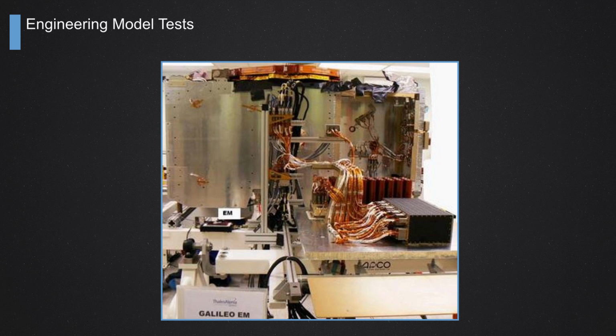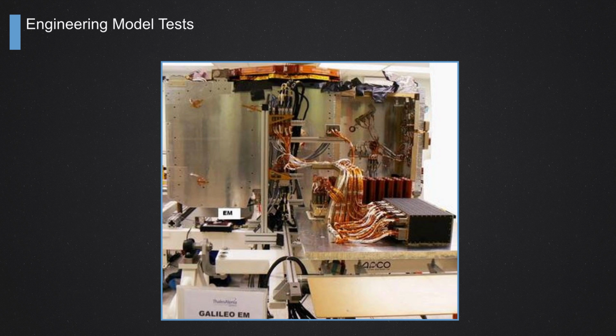This next slide shows an example of engineering model tests. You can see it's very simple. The spacecraft is full scale, some or most of the electronics are installed or just to the side of it, but all the cabling is connected to the subsystems.